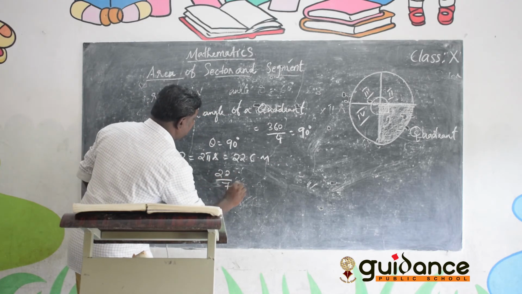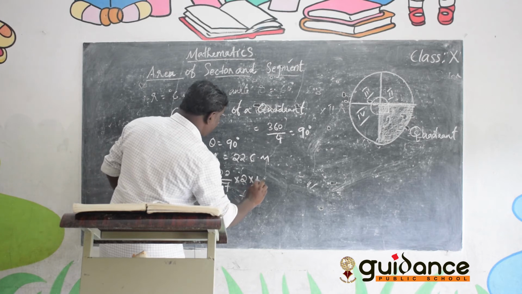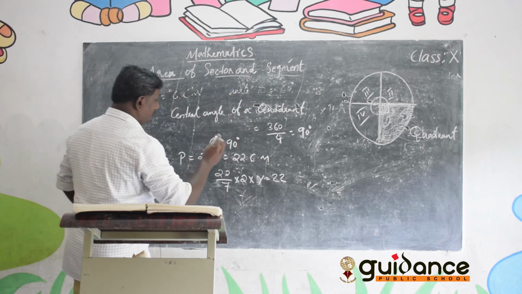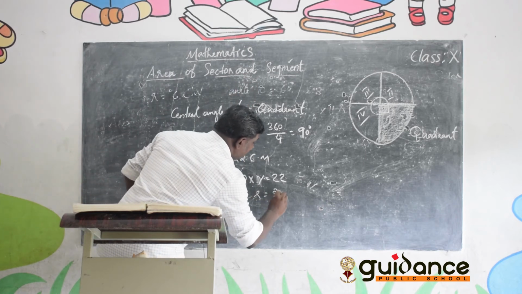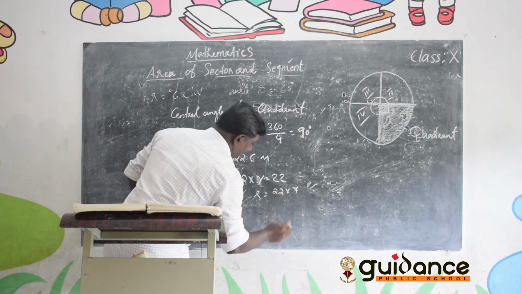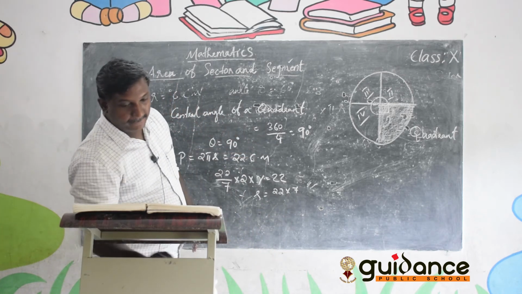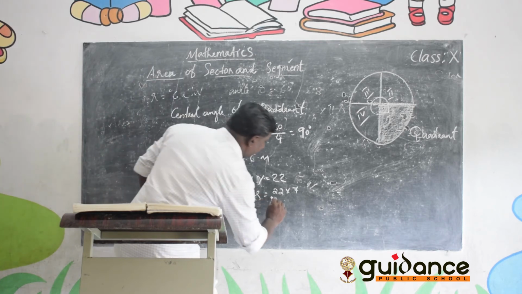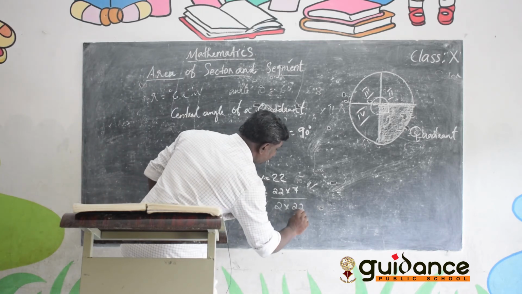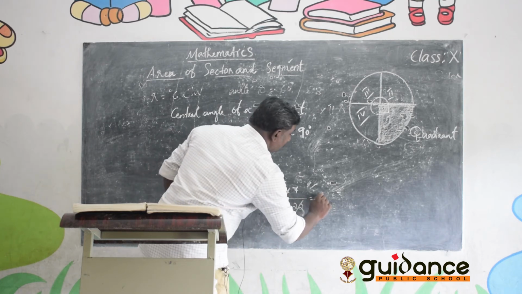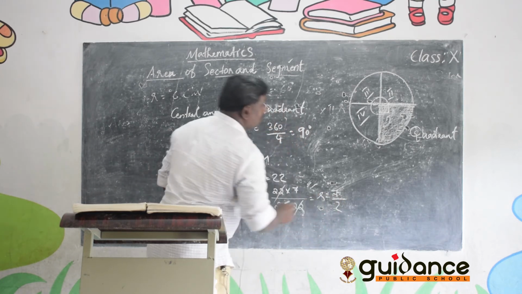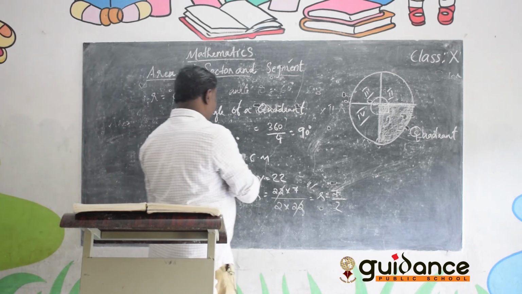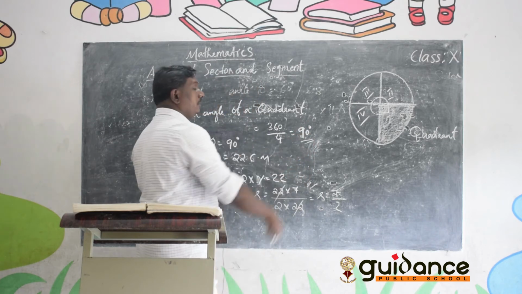22 by 7 into 2 into r equal to 22. So r equal to 22 into 7 by 2 into 22. 22 and 22 cancel, r equal to 7 by 2. So we got radius equal to 7 by 2 and theta equal to 90 degree.